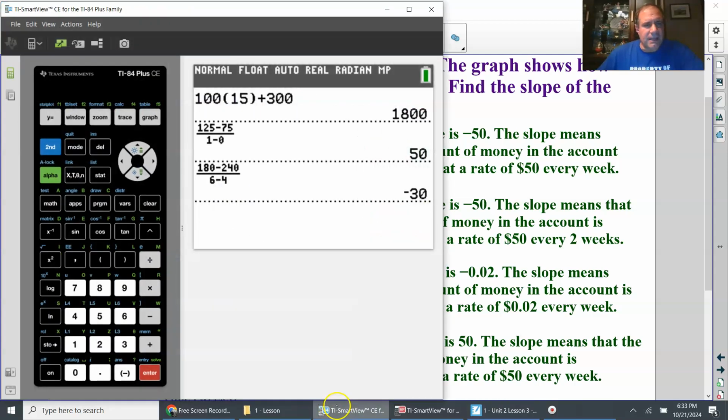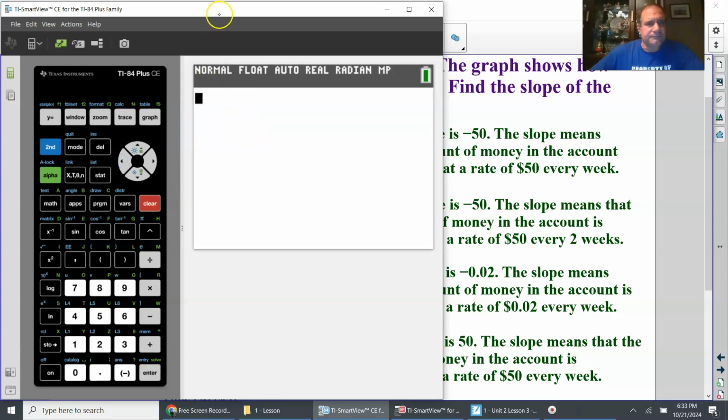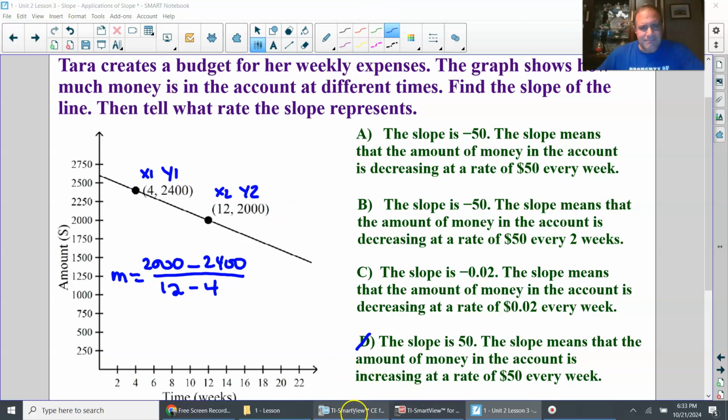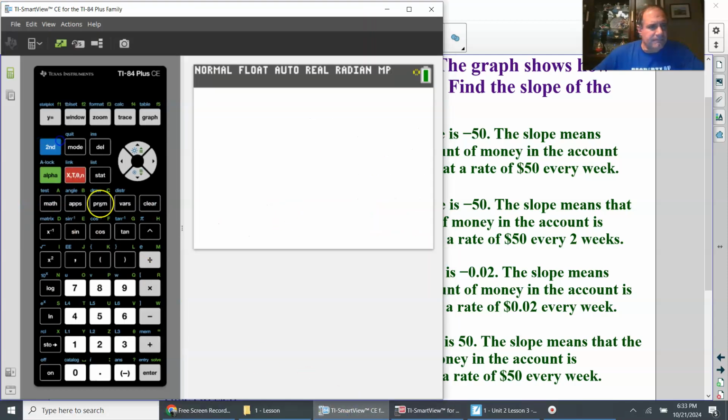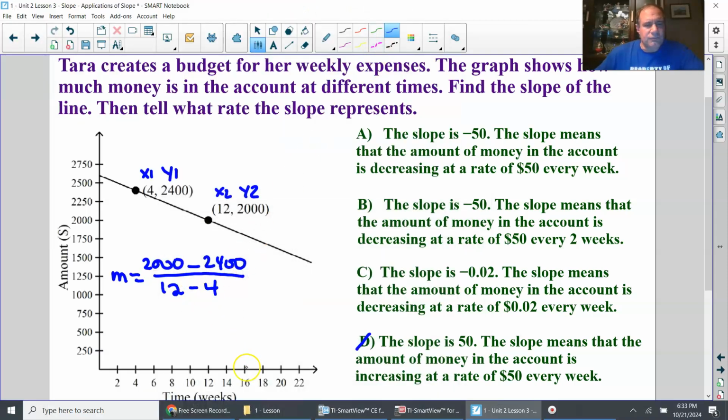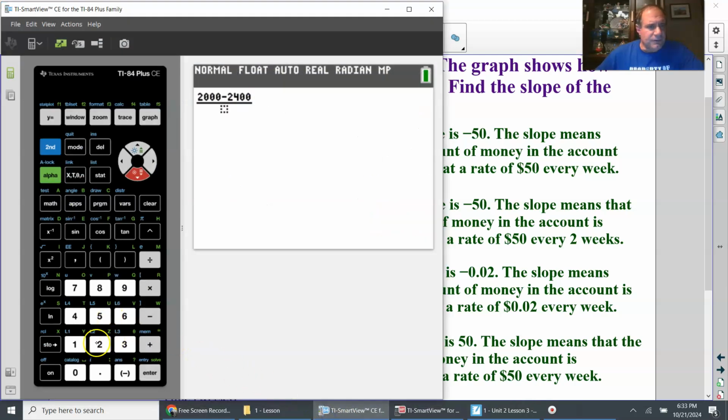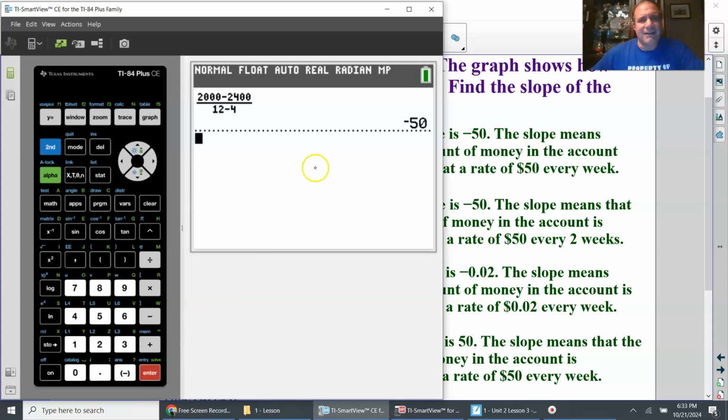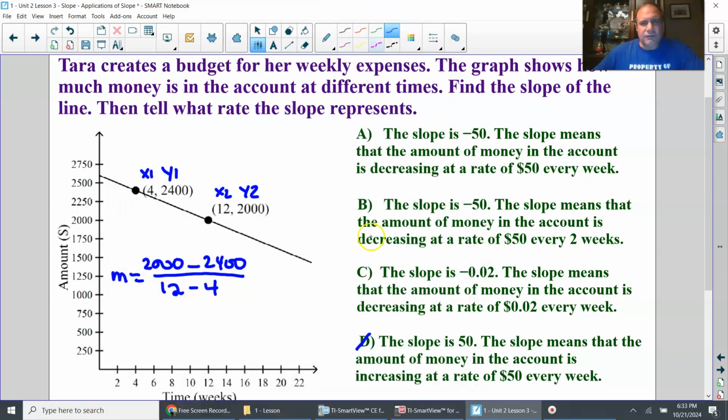So I'm going to take my calculator, clear it out, and make sure that I'm putting the right numbers in. 2,000 minus 2,400, and then over 12 minus 4. I just want to make sure that I'm substituting the right numbers into the calculator, and it's negative 50. So that means this is out, no matter what is going on. So m equals negative 50.